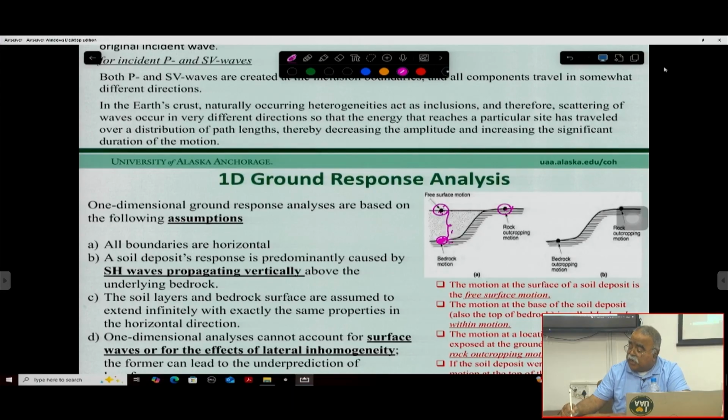Because these are the rock samples and this is the soil sample, right? And we are assuming all the layers are horizontal, right? So the soil sample will be treated as horizontal layers, and underneath the rock there is some vibration that took place.